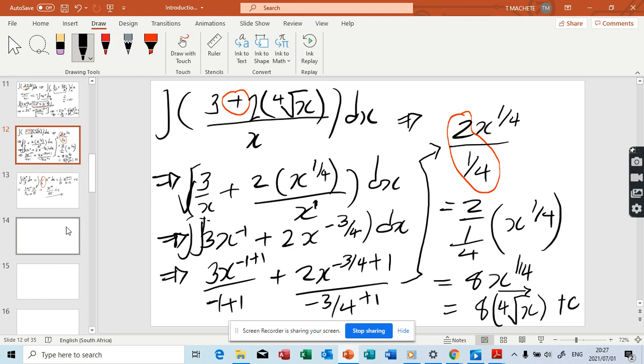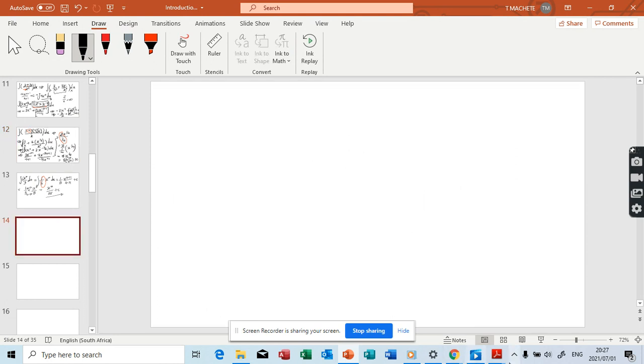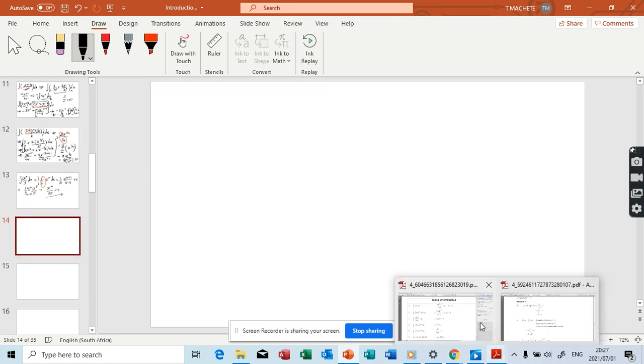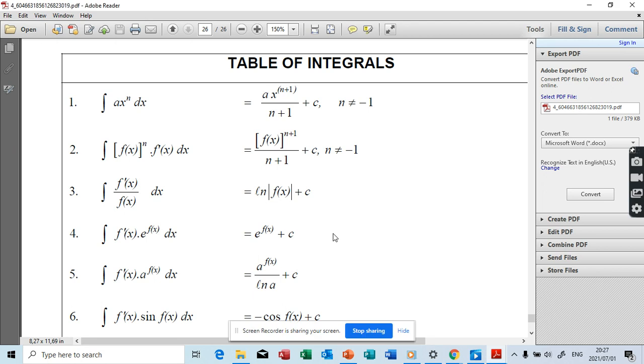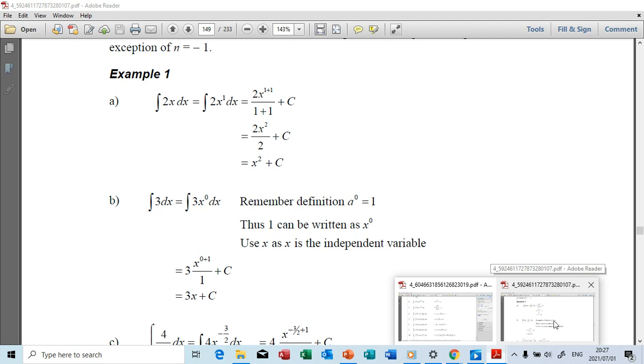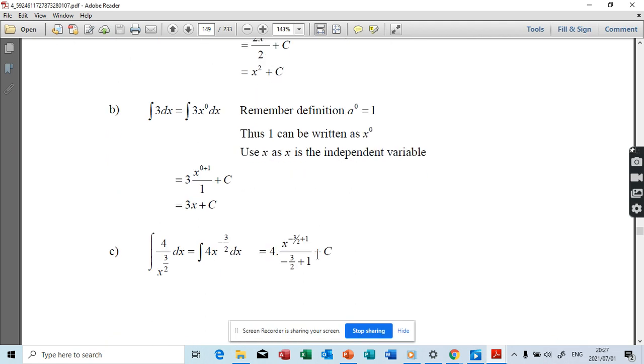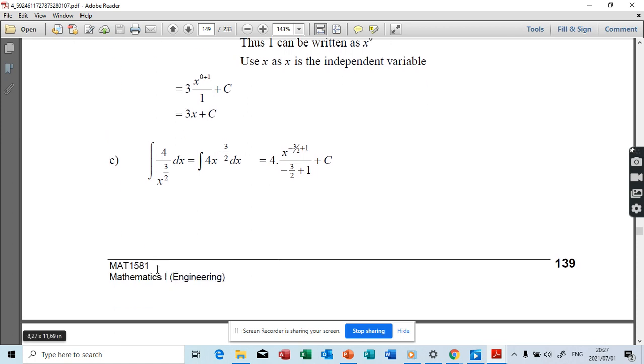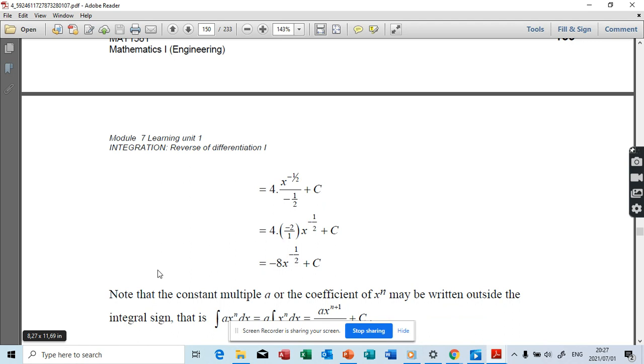Let's just pick one example from your study guide, then we should wrap up. Study guide. We covered this. Guys, we've covered a lot of things. You see that we've covered number A, B, C. Look at this, guys.